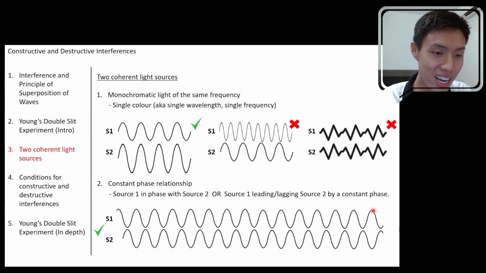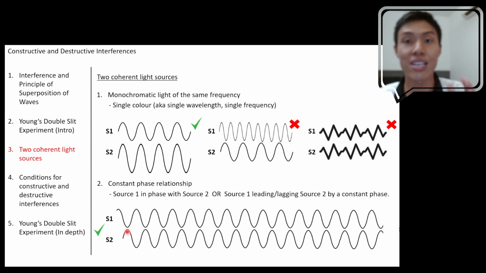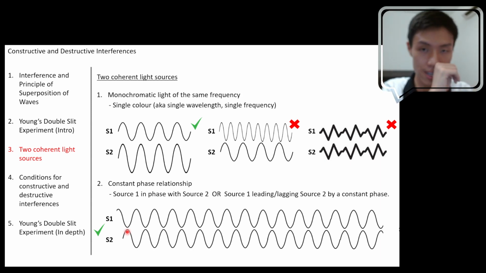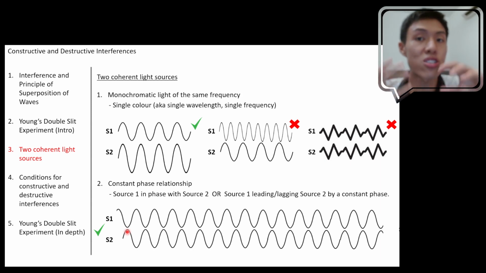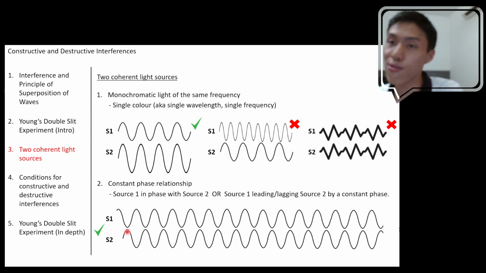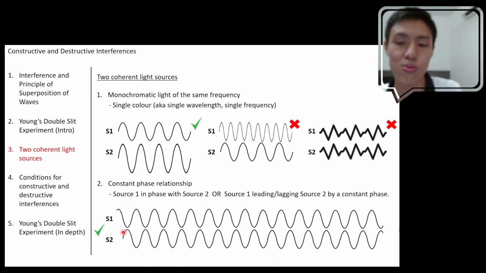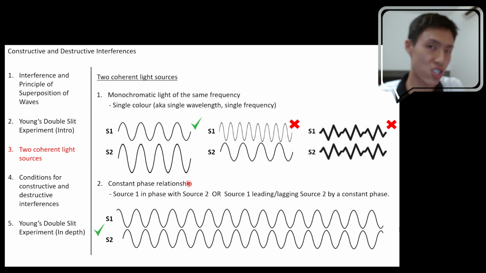Even at an earlier time it's crest, trough, trough, crest, and at a later time it's also crest, trough, trough, crest. Even though it is not in phase but anti-phase, this anti-phase relationship remains throughout the experiment. It doesn't change from in phase to anti-phase and back. So we can also call this situation a constant phase relationship.